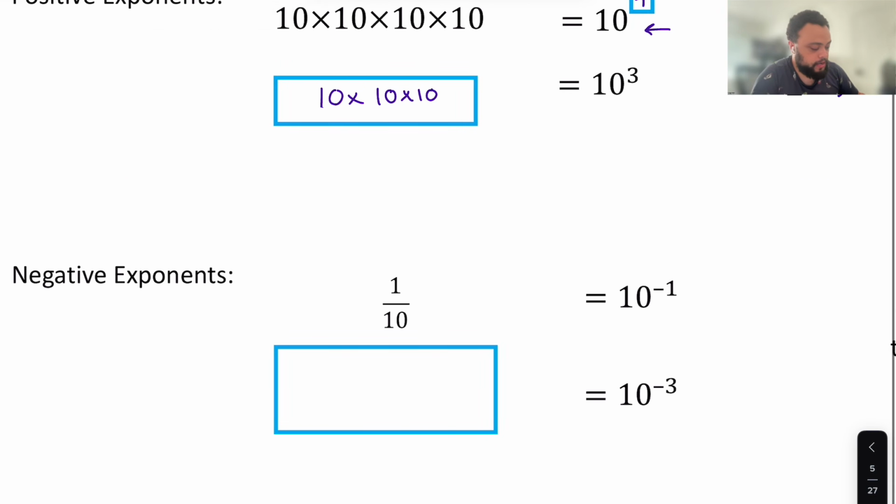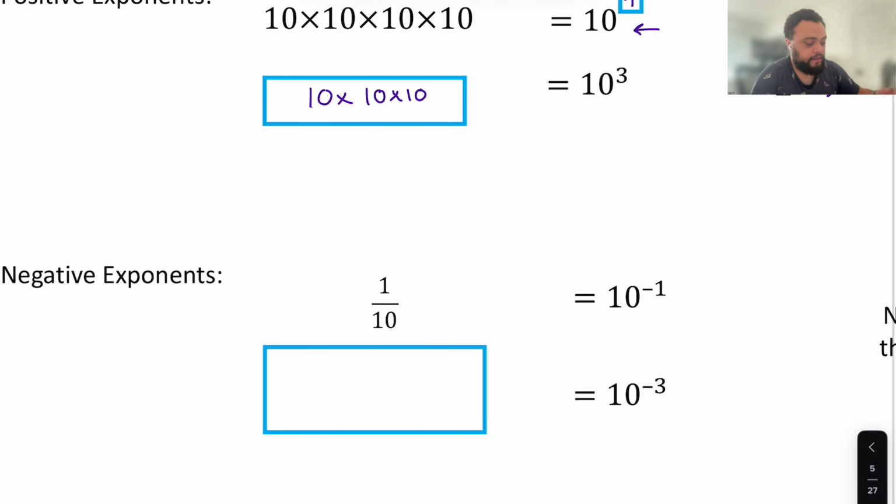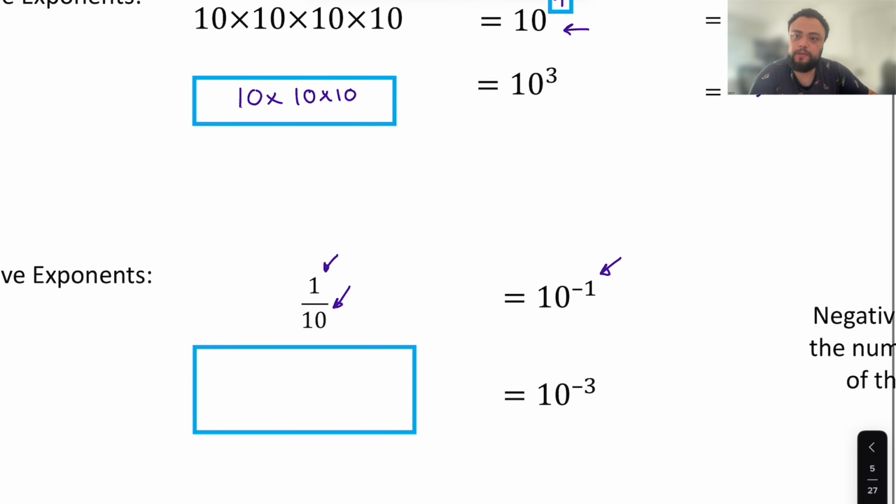If we look at negative exponents, this is like dividing rather than multiplying. We'll take one and divide it by however many tens we have. Right here, we have only one 10, so that would be 1 divided by 10, which gives us 10 to the negative first power.